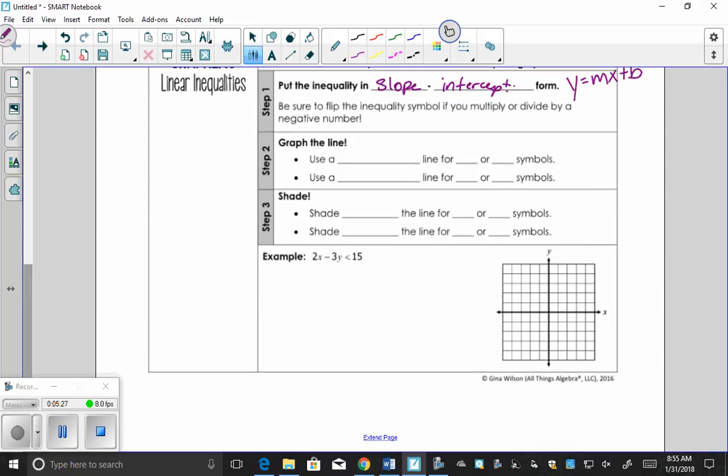You use a solid line for inequalities that use these two symbols. So if it has a line underneath the inequality, the or-equal-to part, it's solid. You use a dotted line for the symbols that don't have the line underneath.